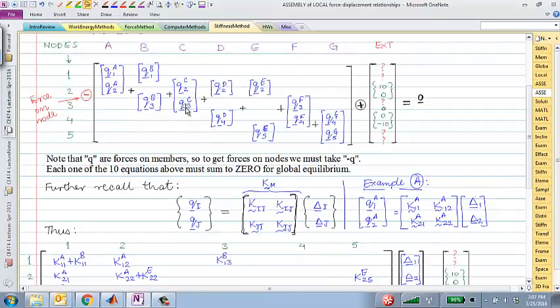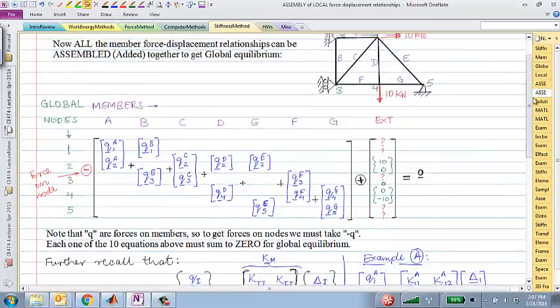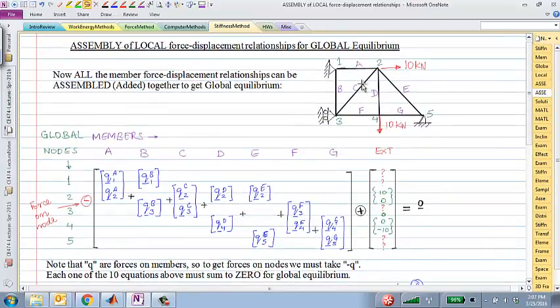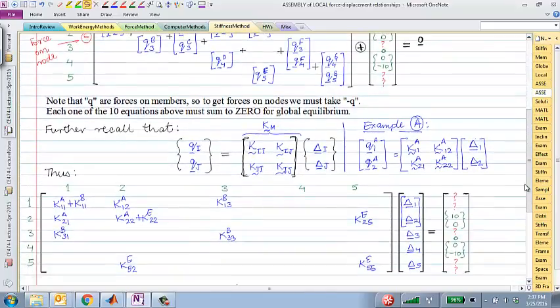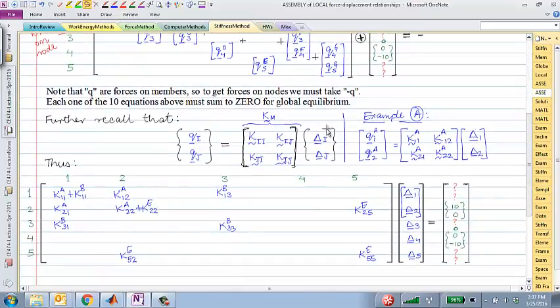Element C is connected to nodes 2 and 3, and that's clearly up here. I'll add the contribution of that, which would look very similar to this guy, right? Instead of A, it would be C. Instead of 1 and 2, it would be 2 and 3. That's all that the change would be there.